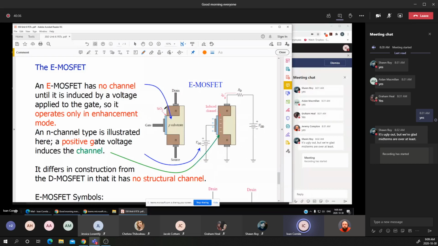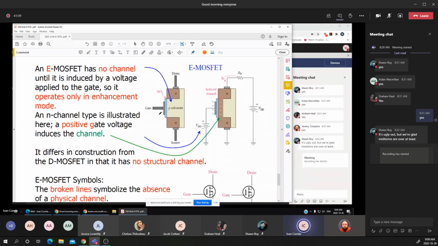The metal, that's the gate. Oxide, that's the silicon oxide that is placed between the gate and the substrate, which means that we don't have a physical or direct connection between the gate and the substrate, and the two terminals, the drain and the source.